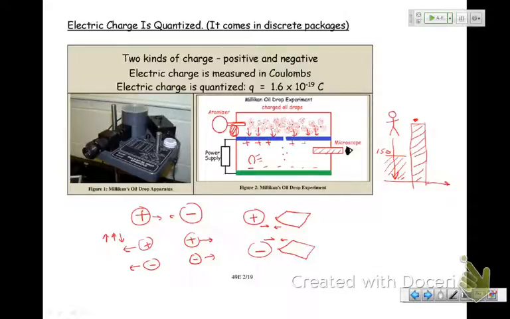And what that will do is a negatively charged oil droplet will be attracted upwards, say, or at least its rate of fall will decrease. A positively charged one will be attracted downwards even more. Neutral will just continue.